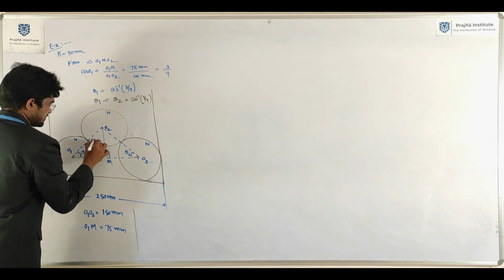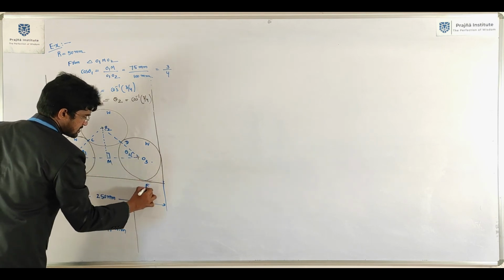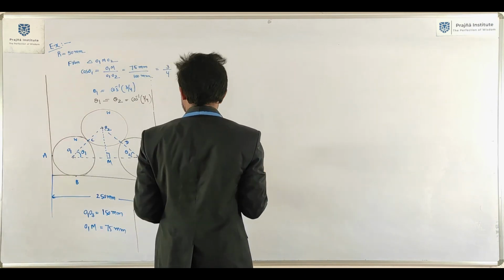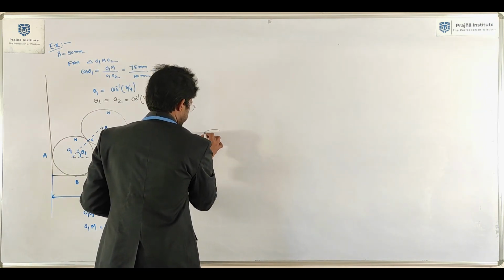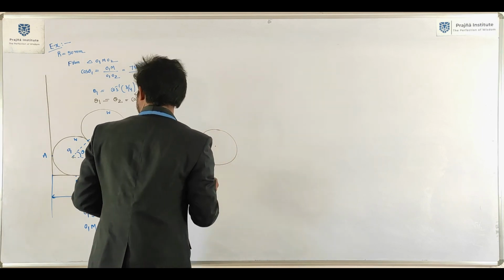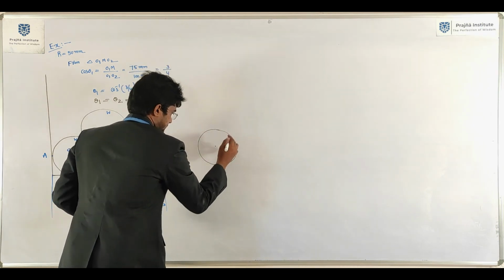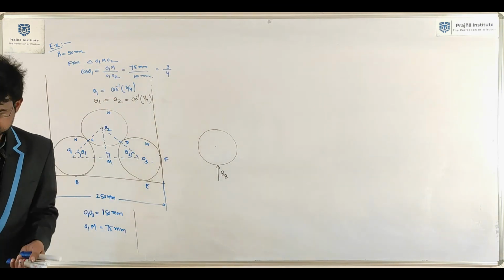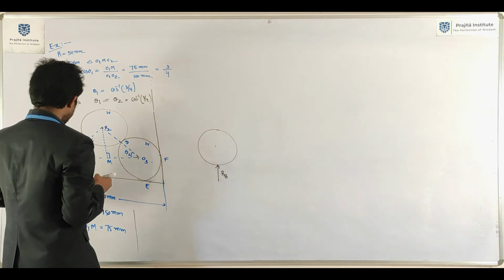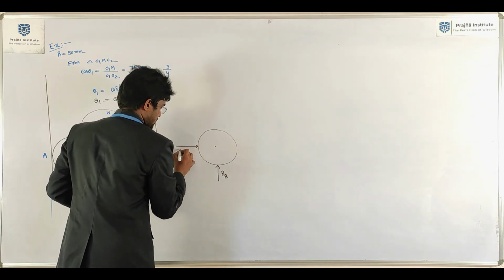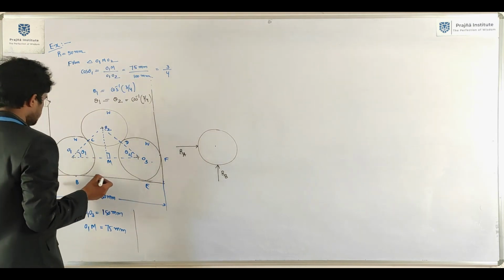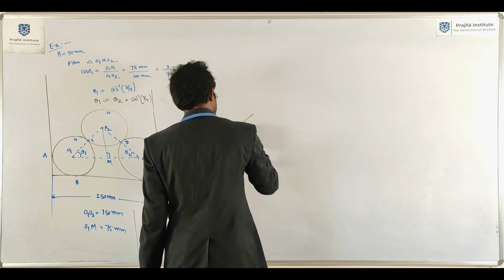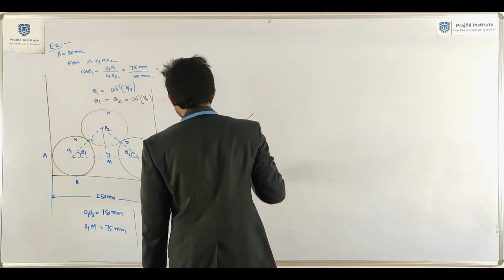A, B, C, D, E, F. First, here it will be RB, RA, RB, RA, RC.